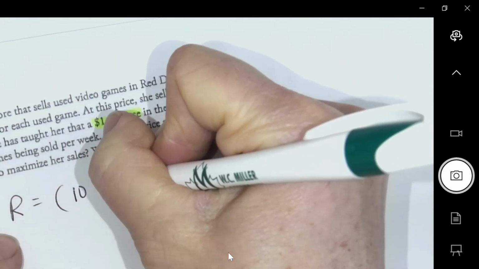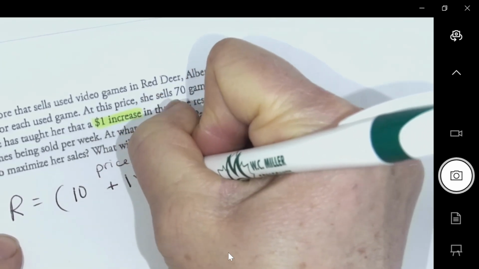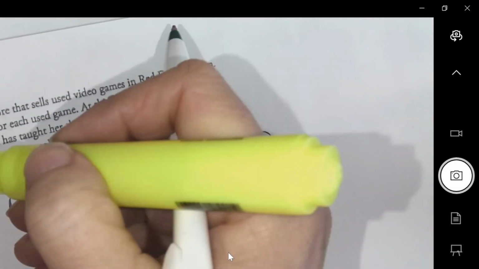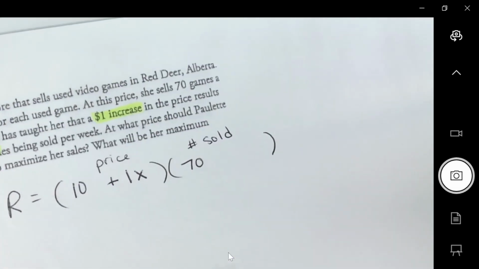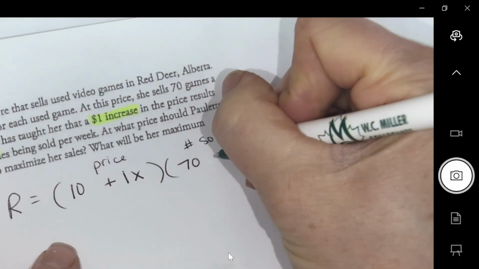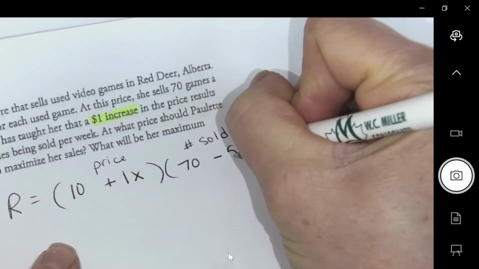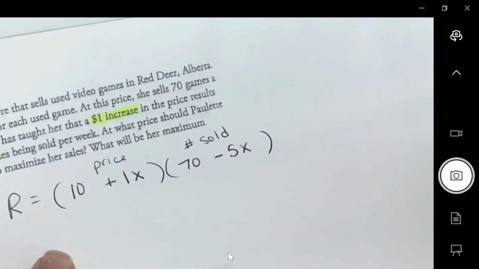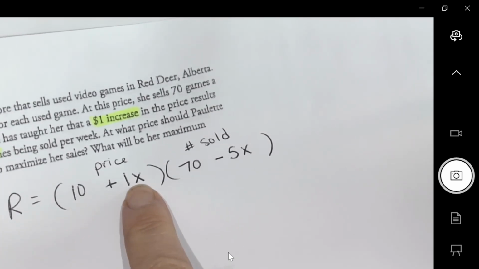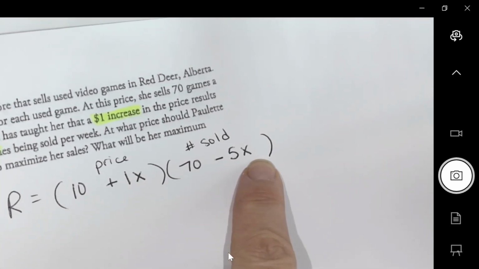So if the price goes up 1x, because I don't know how many times she's going to increase it, but every increase, then as a result she would sell 5 fewer games. Minus 5x. As in, if this goes up by 2, this would go down by 10.